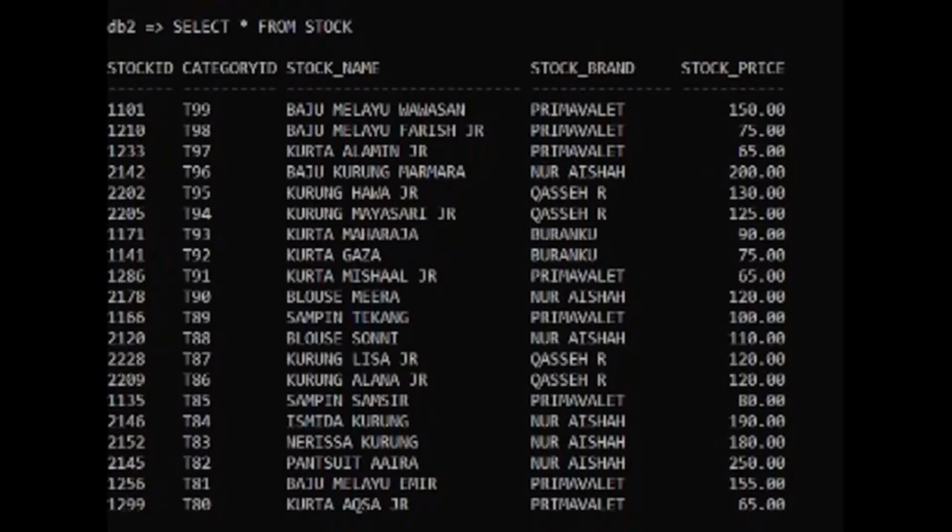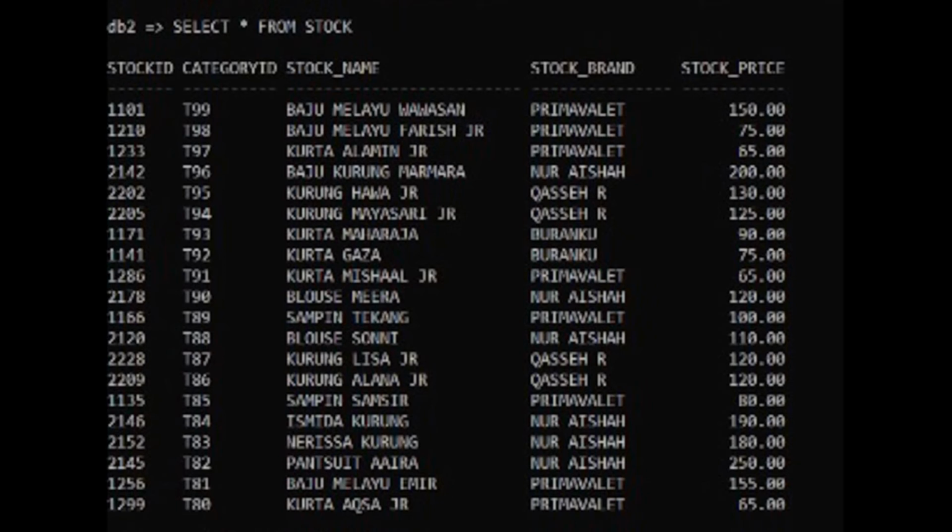Now, let's move on to the next subtopic called column function and grouping. The question asks us to display those brands which have more than 4 types of clothes. So, if we look at the table, the brands that have more than 4 clothes are Nur and PRIMAVALET.